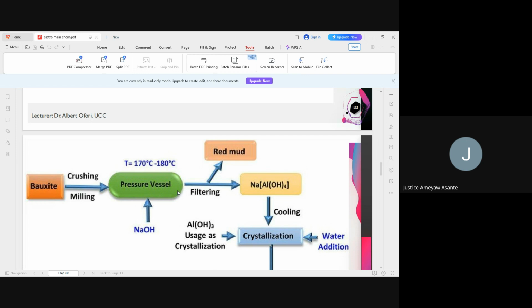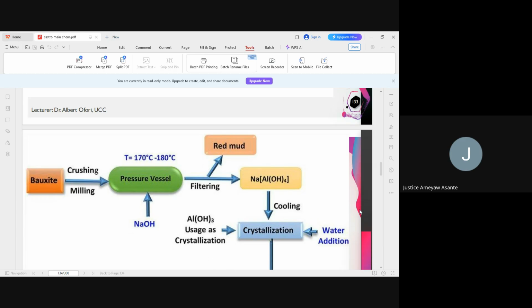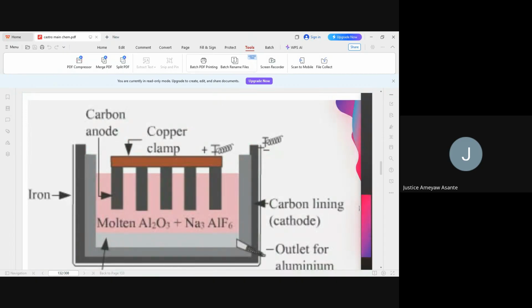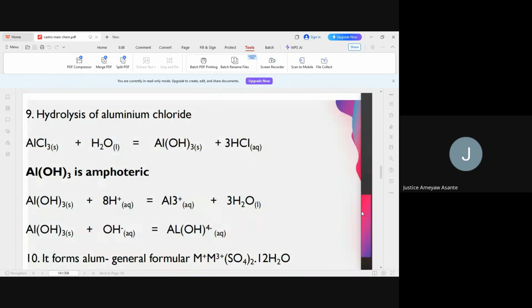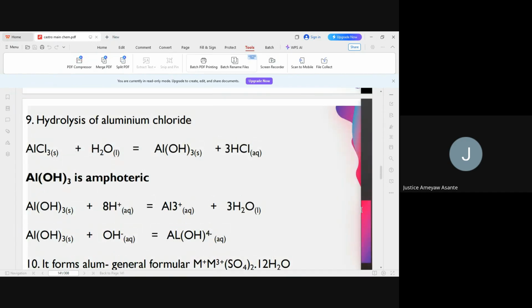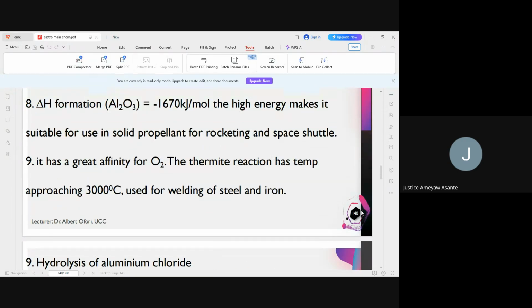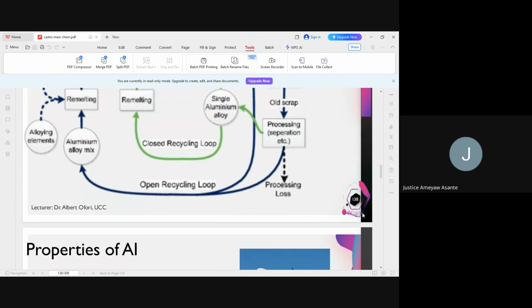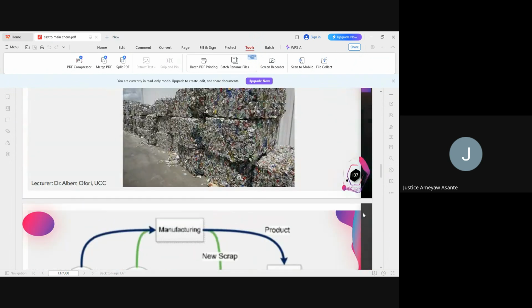You add your sodium hydroxide, you filter to get the red mud, then you get sodium aluminum hydroxide, cooling, crystallization, and you get the crystals. Then you heat it in the oven, getting aluminum oxide, and that brings you to this last stage. Okay, so all these are the processes.